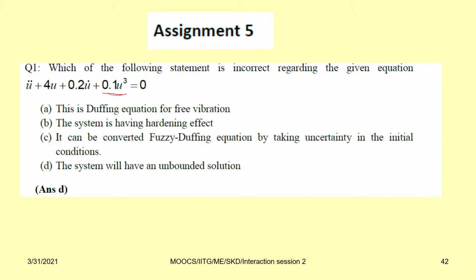Then you have a range for that variable, and it is converted to a fuzzy variable. So you can convert this u to a fuzzy Duffing equation by taking uncertainty in the initial condition, then solve it and find the response.